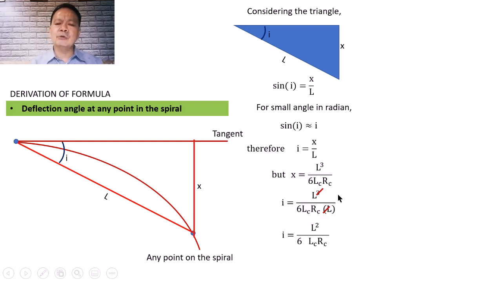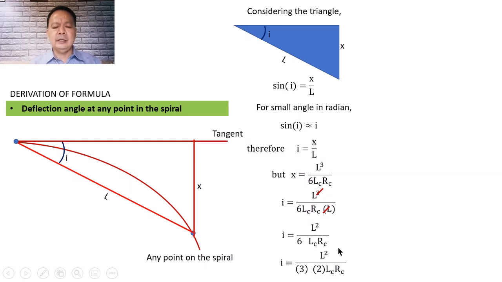Kaya lamang meron akong gustong patingnan sa inyo, paunawa sa inyo, that this part, particularly the 6, can be factored such that this will be equal to the product of 3 and 2.